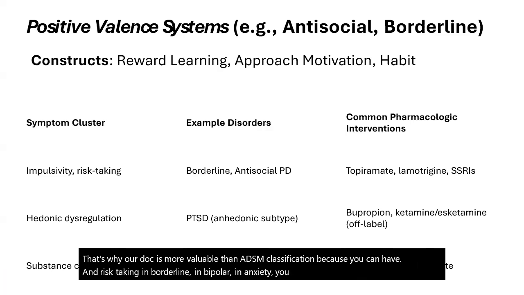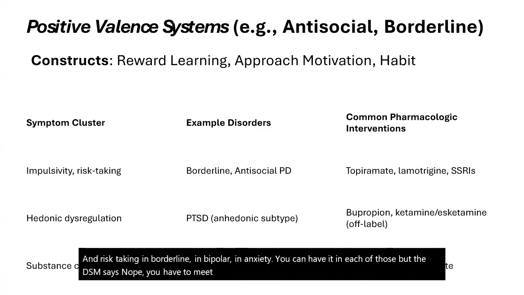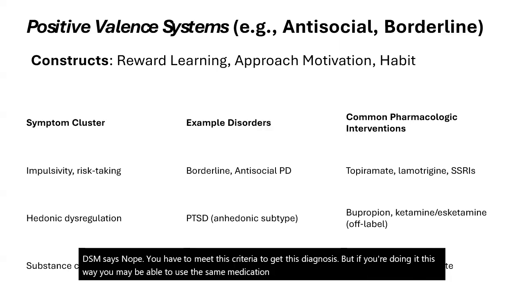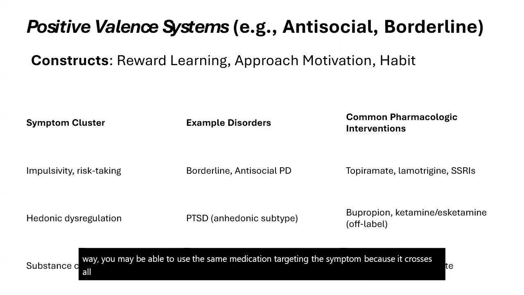You can have it in each of those. But the DSM says, nope, you have to meet this criteria to get this diagnosis. But if you're doing it this way, you may be able to use the same medication targeting the symptom because it crosses all these different domains.